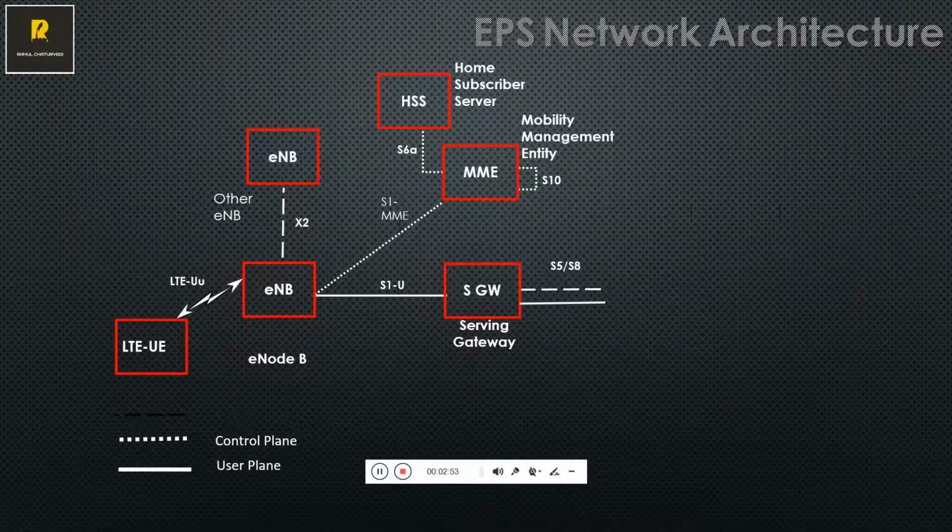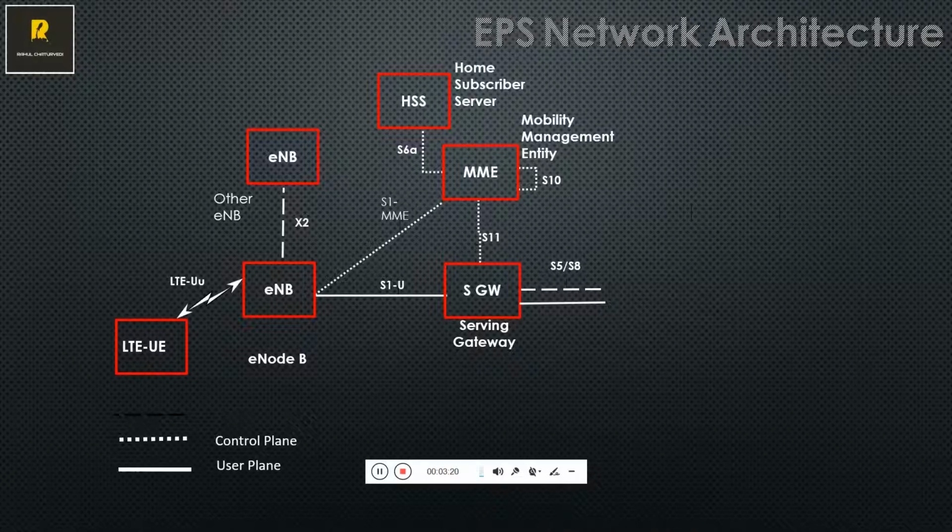Furthermore, coming to the data path now. The S gateway is connected with the P gateway on the data path using S5 and S8. S5 is used for non-roaming, and S8 is used for roaming purposes. Before that, let us connect one more thing, because in this we can also see the dotted path.